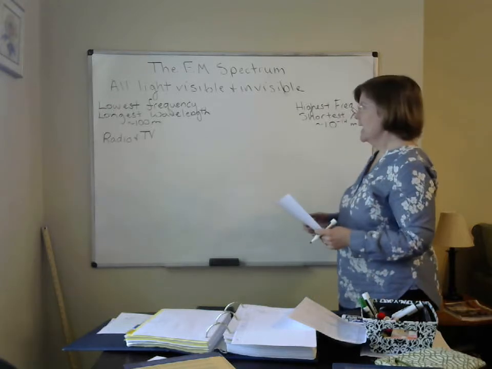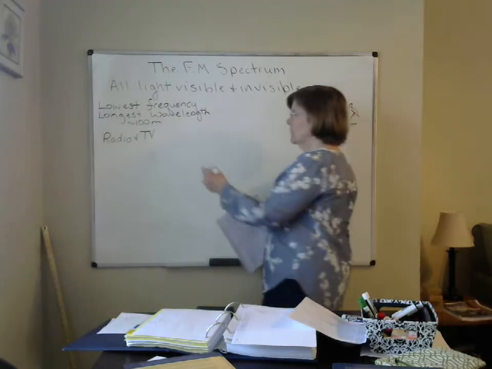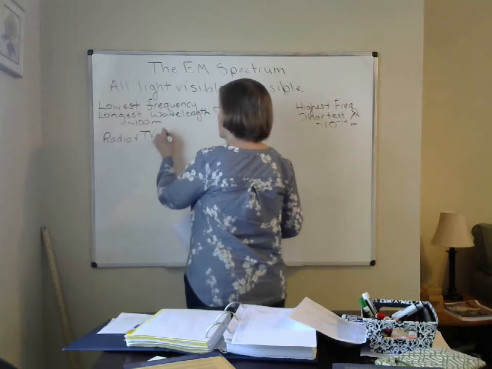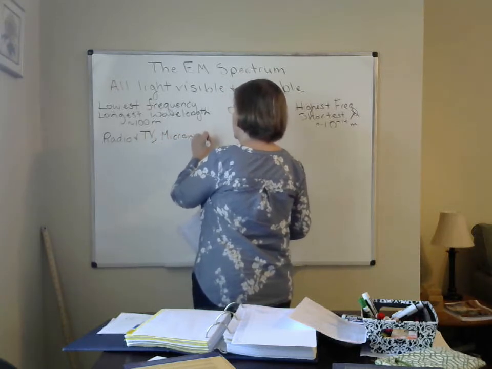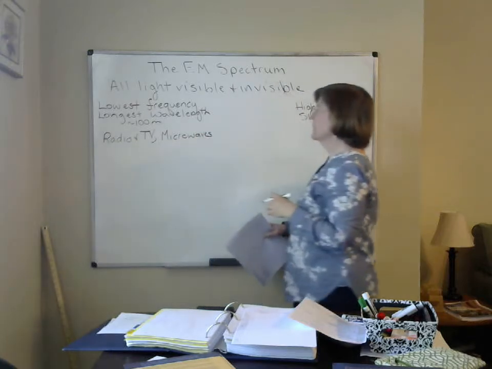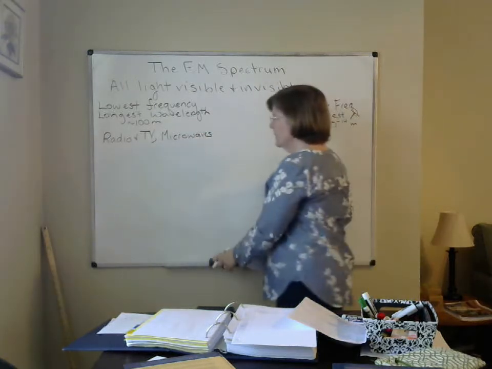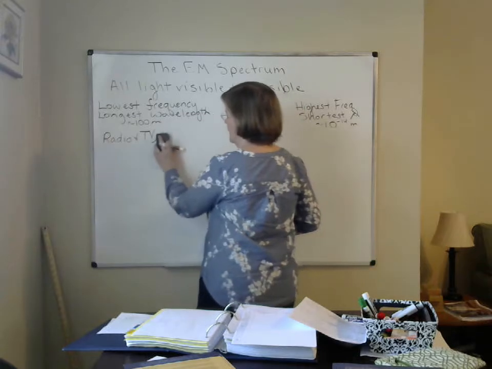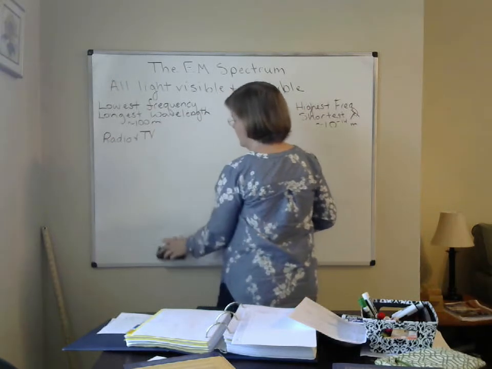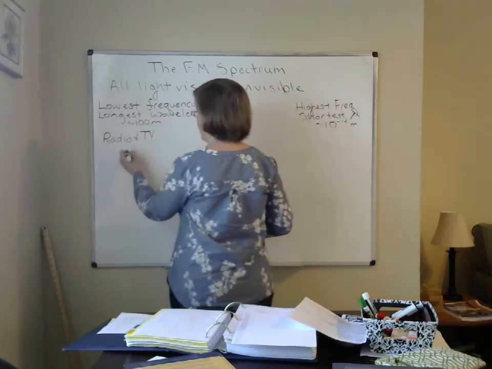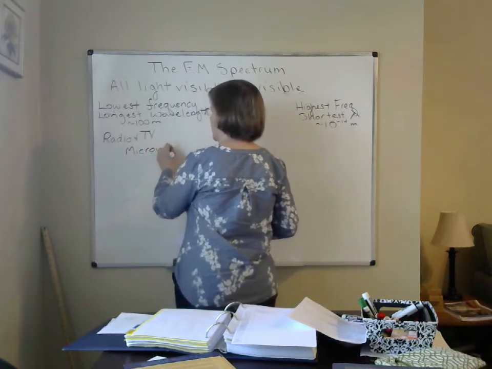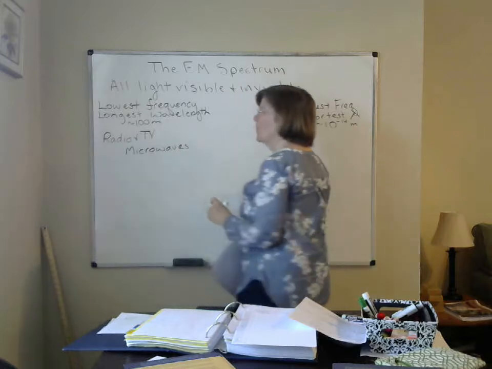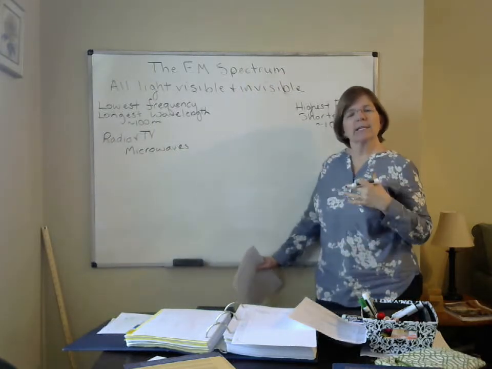Okay? After radio and television, we talk about microwaves. I'm going to run out of room. I'm going to tell you what, I'm going to bunch these together. Radio and television, kind of overlap here. Then microwaves. Well, one of the things we use microwaves for is the obvious thing.